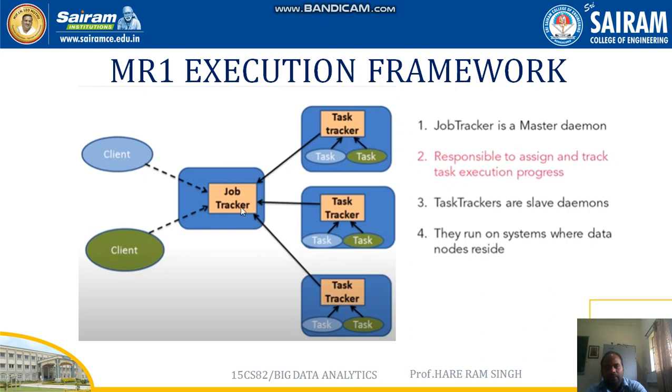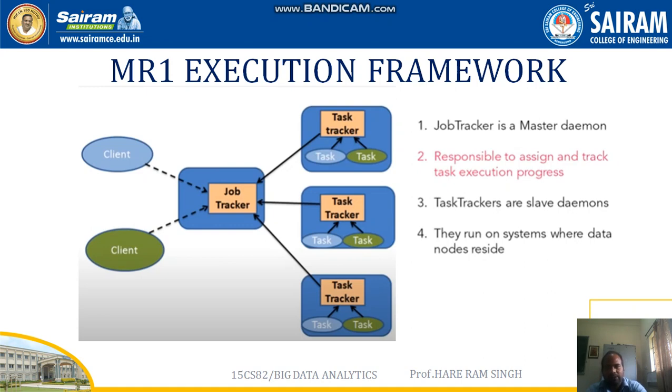In the master node, the job tracker is the master daemon, and it is responsible to assign and track task execution progress. So the job tracker is responsible to assign and track the jobs which are under process, which are getting executed.